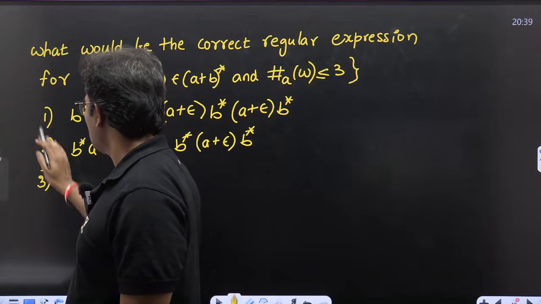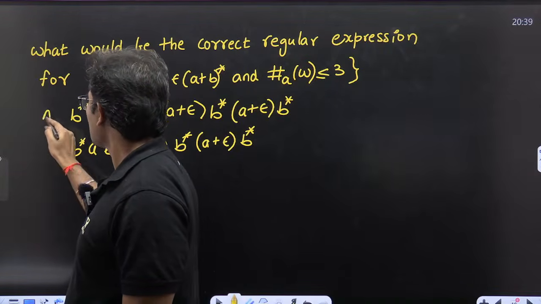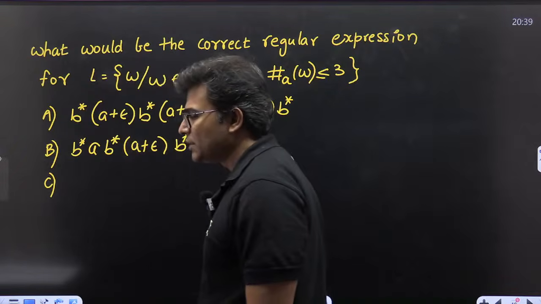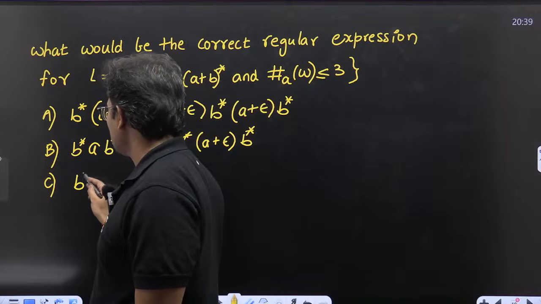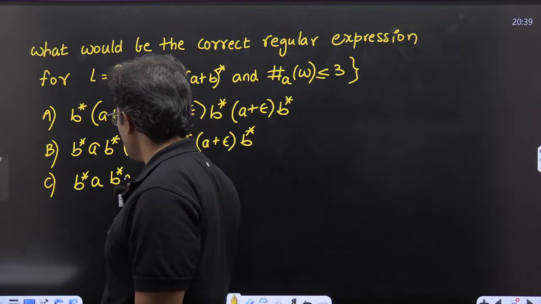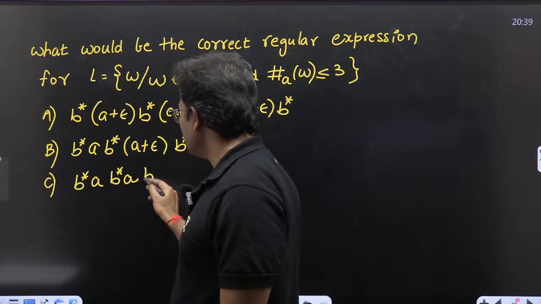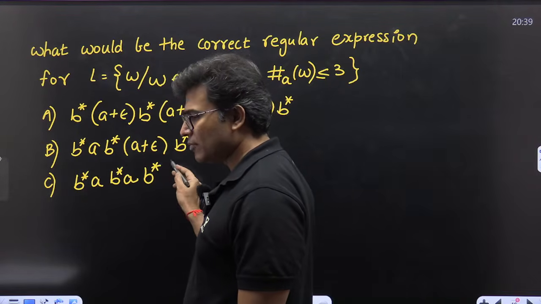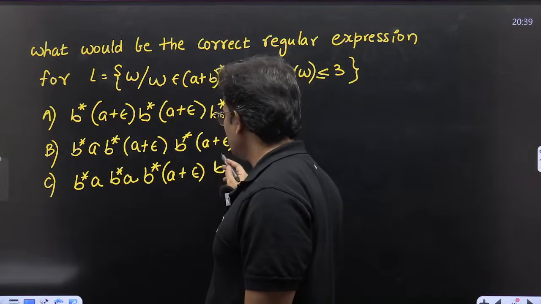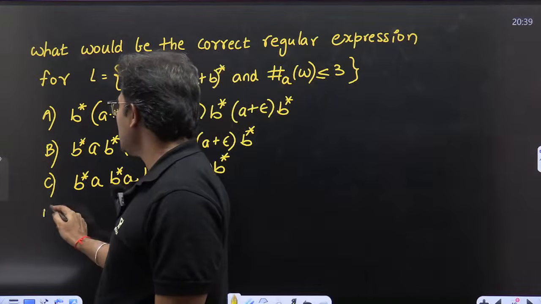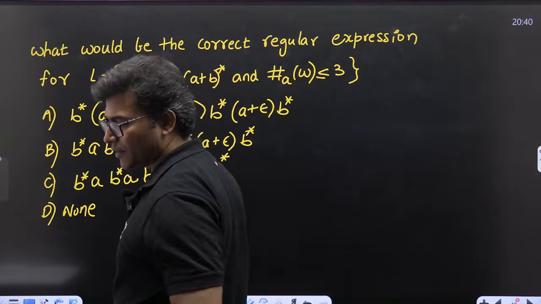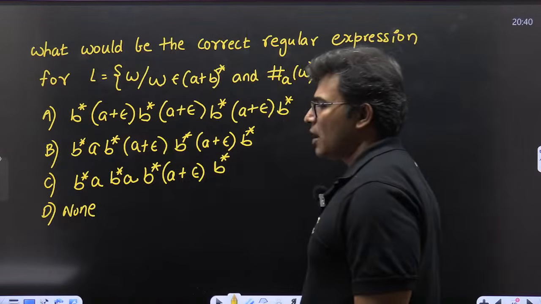Option 3: let me say A, B, C. C is B star A, B star A, B star, A plus epsilon, B star. Option D: none. Answer this, okay?